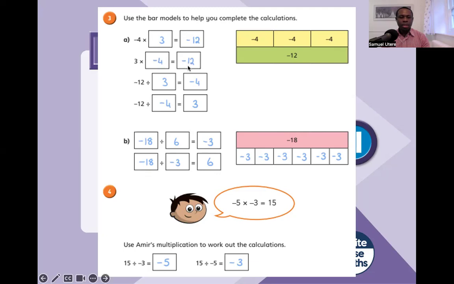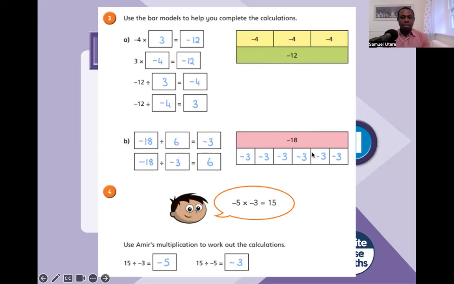Because the result is negative. Because we know positive times negative will give us negative. Here we know this has to be positive because we know that the result will be negative. Why? Negative 12 divided by 3 will be negative 4. And you can see it using the bar model to complete these results.